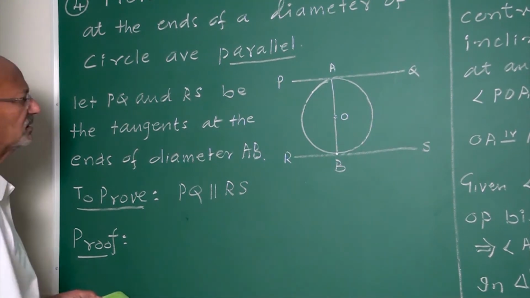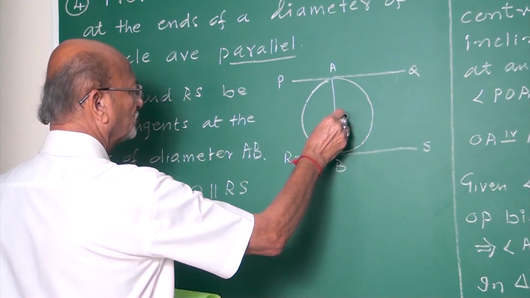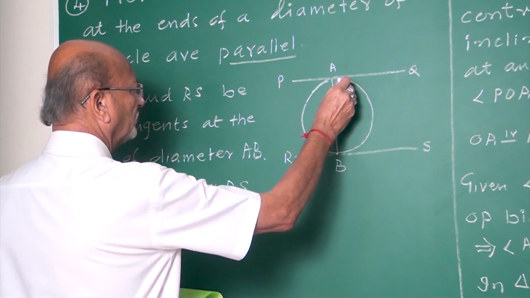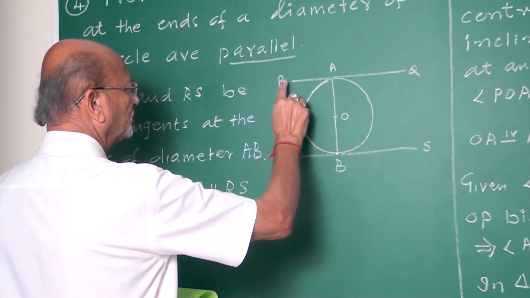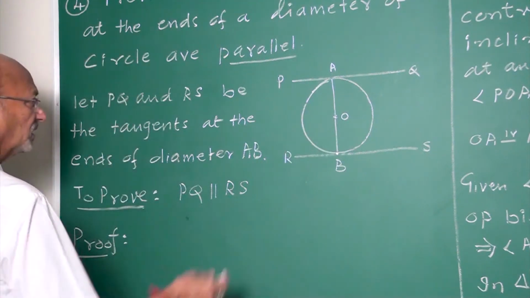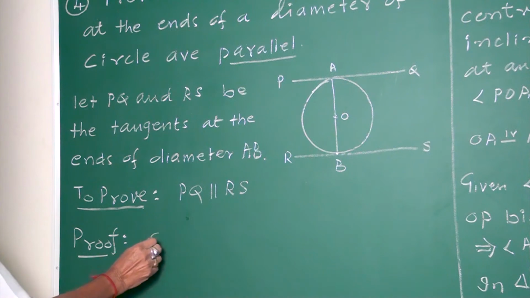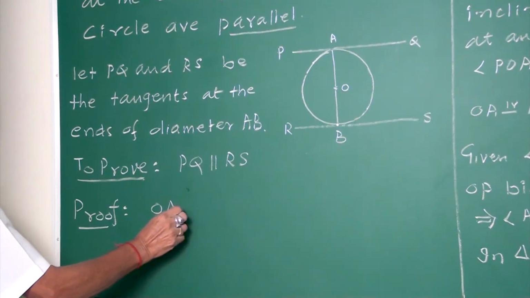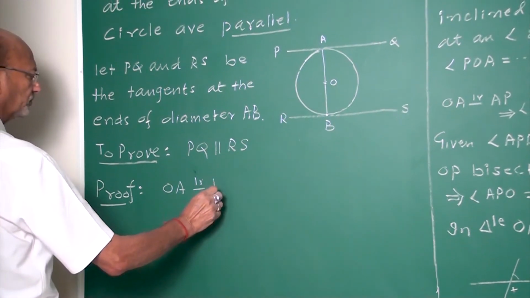Same once again. PQ is tangent and OA is the radius. My friend, this PQ is perpendicular to OA. Now by theorem 1, radius OA is perpendicular to PQ.